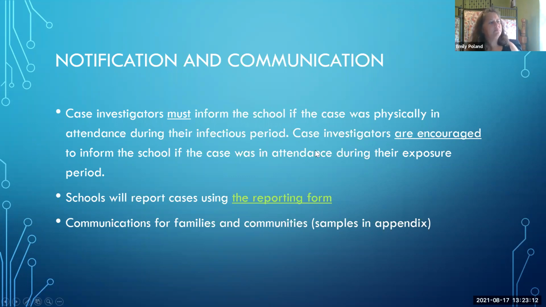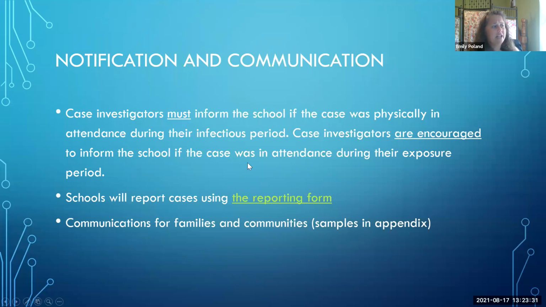The infectious period is defined as the 2 days prior to symptom onset or prior to the swabbing date. Case investigators are encouraged to inform the school if the case was in attendance during their exposure period.